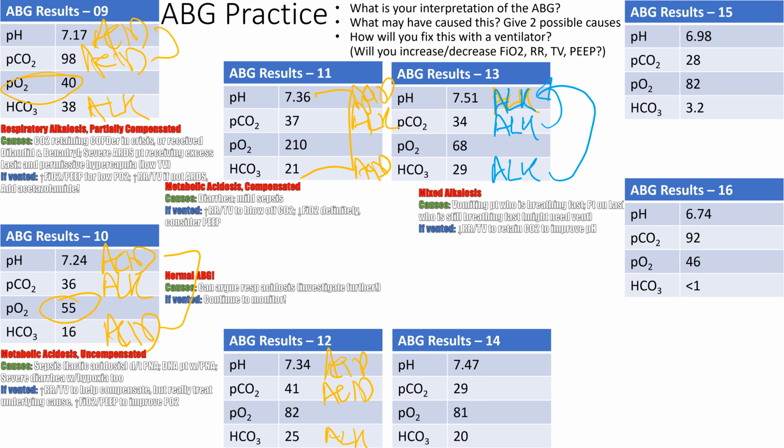All right, number 14, what's this? So pH is alkalosis. PCO2 is alkalosis. And then bicarb is on the low side, right? So low bicarb is acidosis, right? So that's trying to compensate for the alkalosis, right? So what happened here?